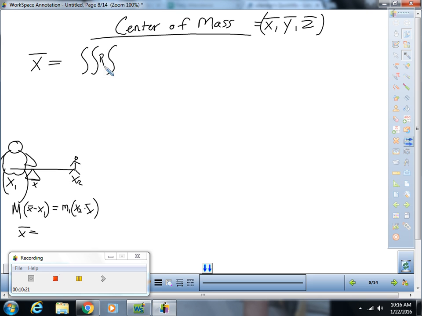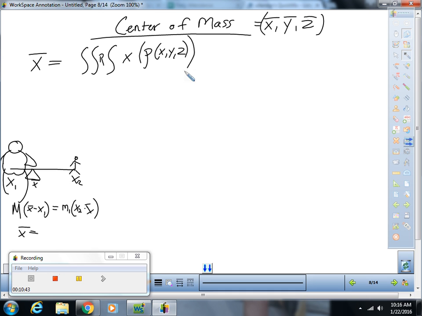It's still over a region. We take our distance from the YZ plane, which is our x-coordinate. We multiply by some density function. Now the density function is of 3 variables.